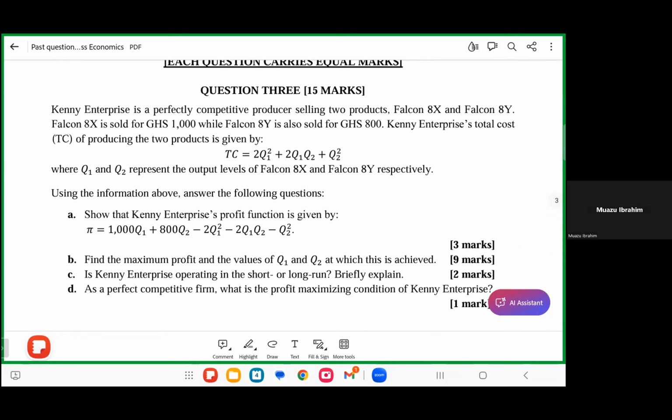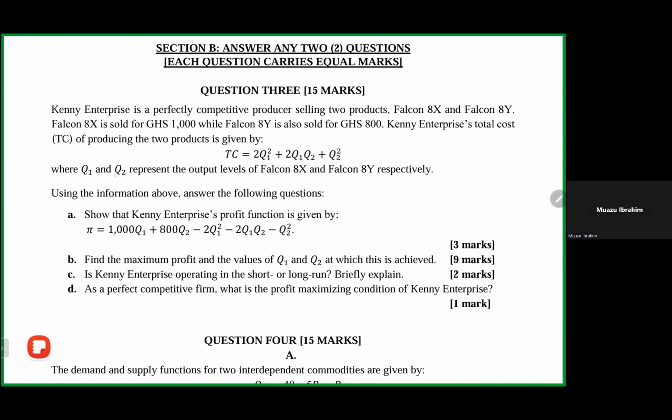Kenny Enterprise's total cost of producing the two products is given by this. So this is the total cost, 2Q1 squared plus and the rest, where Q1 and Q2 represent the output levels of Falcon 8X and Falcon 8Y. Falcon 8X is Q1, which is the product, and Falcon 8Y is also a product, which represents Q2.